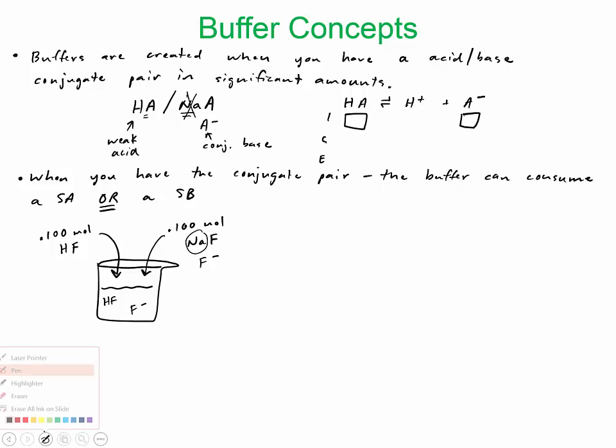Now let's say you decide to add a strong acid, so HCl is added. So this is a strong acid. And if we identify what else is in there, HF is a weak acid, and F minus is a weak base. It's the conjugate of a weak acid, which is a weak base.